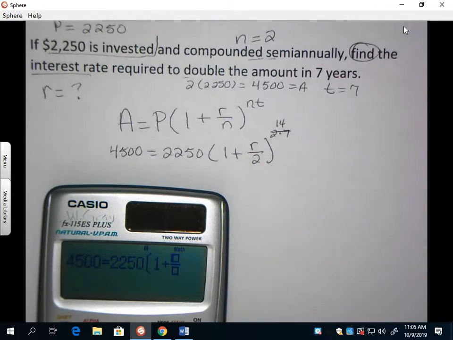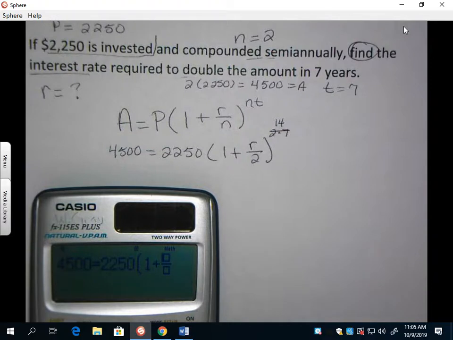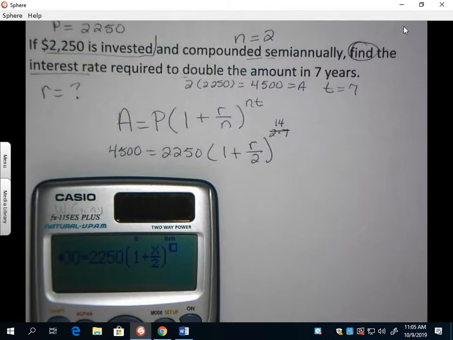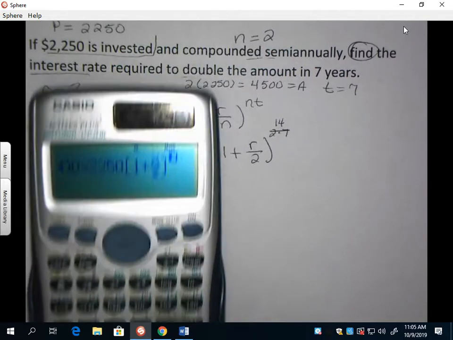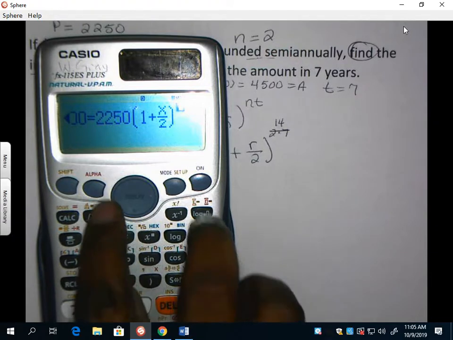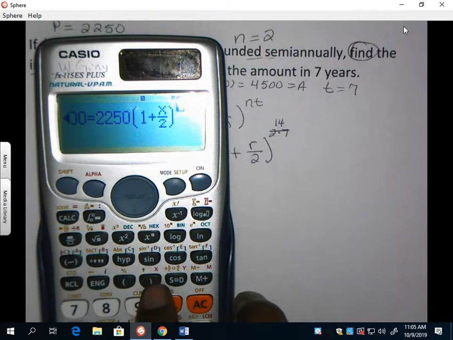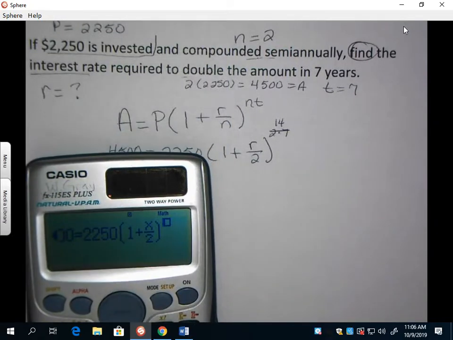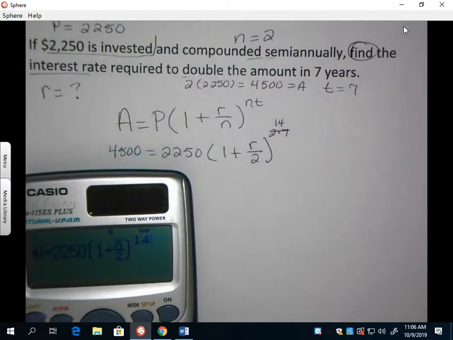We have to use X when solving equations. So alpha X on the top and 2 on the bottom, close the parentheses, and it's raised to the exponent, using the exponent key right here, and the X key is to hit alpha and close parentheses. All right, and we're going to put 14 in here, and then when you do this, you should have like a guess.